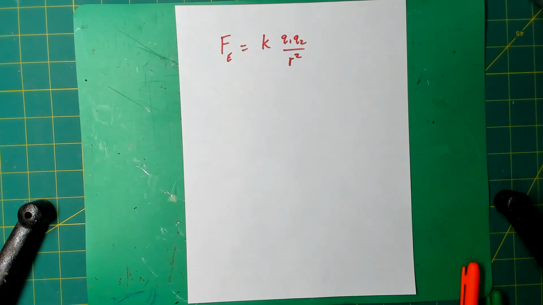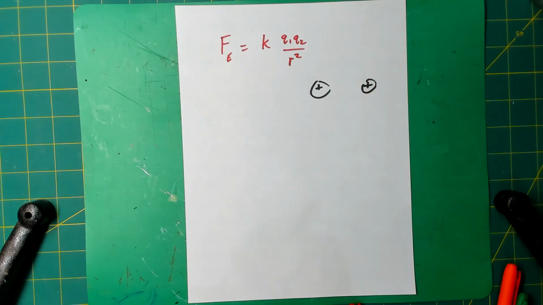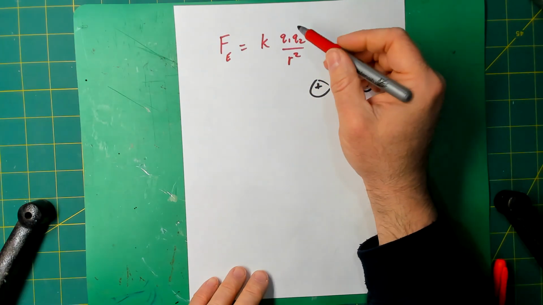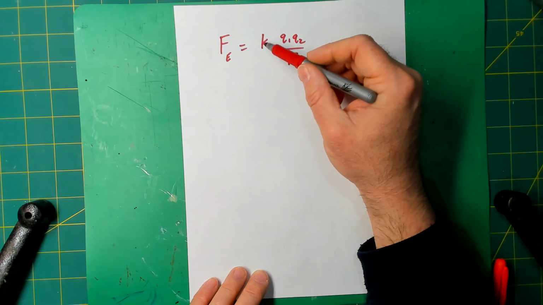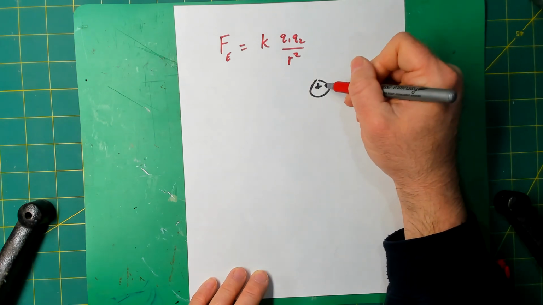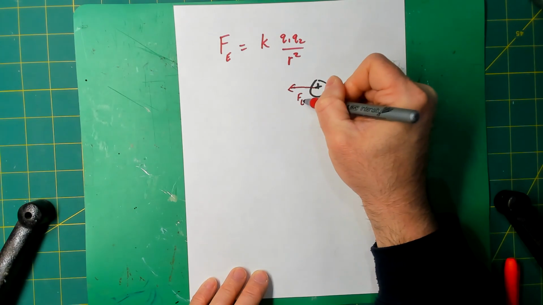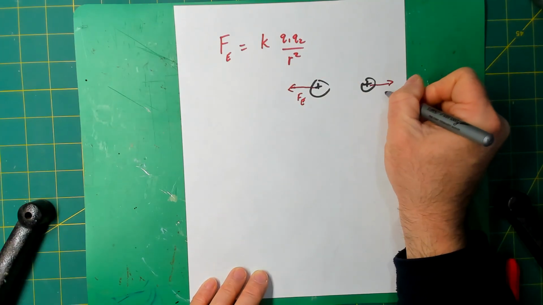Let's say I have this example like we had before. Here's a positive charge, separated by a distance r. I could start putting in and calculating. Now, when I put in k, 9 times 10 to the 9, Q1, Q2, and this distance, am I solving for this force or this force?